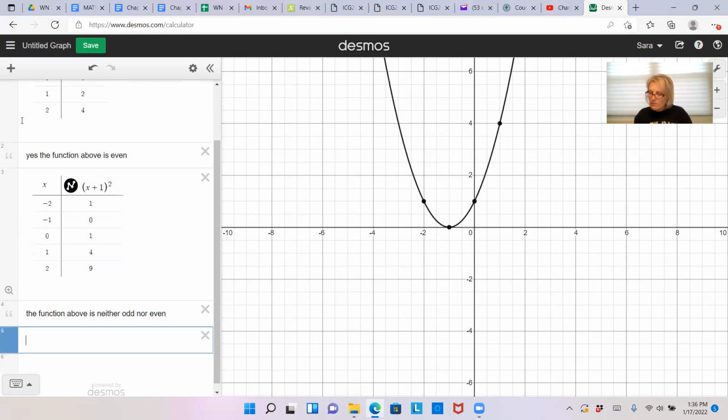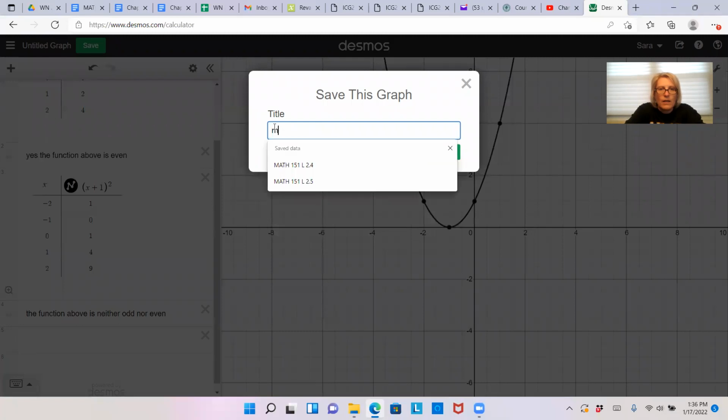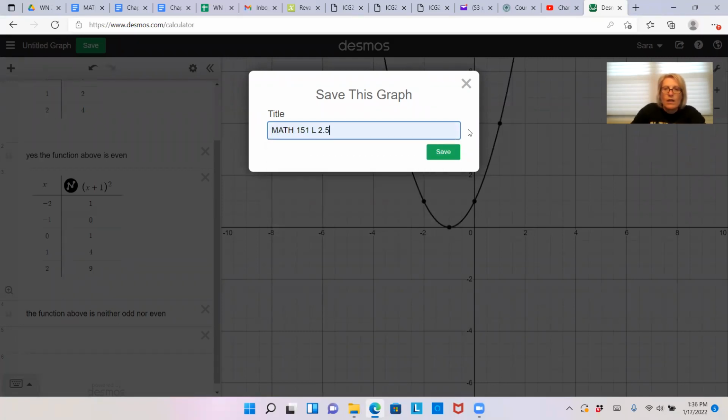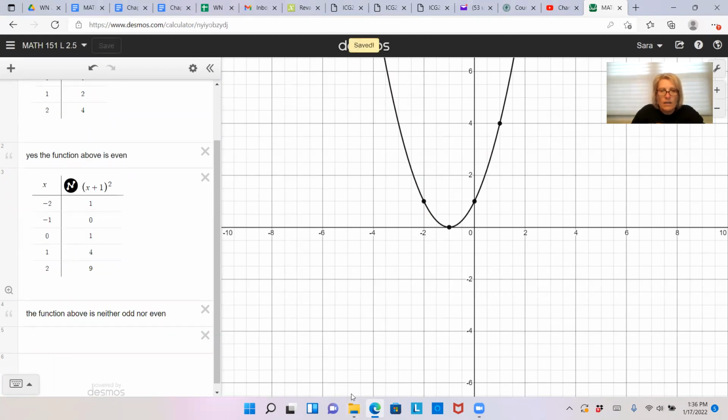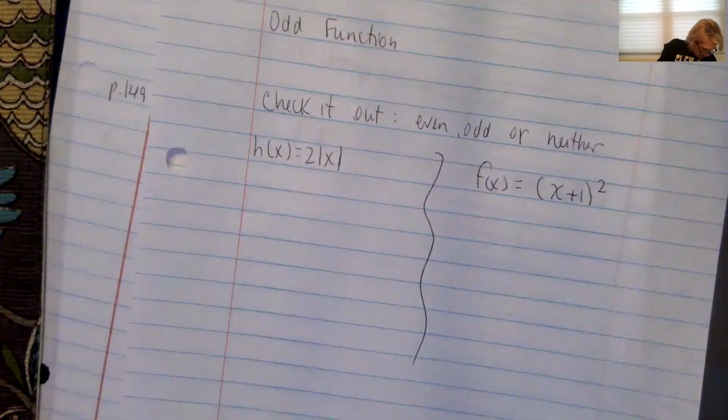Okay. We're also going to talk about increasing and decreasing functions. And the definition is in our book here. And so let's turn to page 147 in the book.